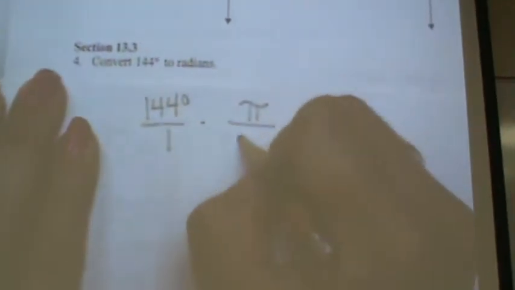How do you convert an angle that's in degrees to radians? 144 degrees. You're going to multiply this by pi over 180 degrees. You want these to cancel. Now, you guys can do this on a calculator if you want to simplify it.